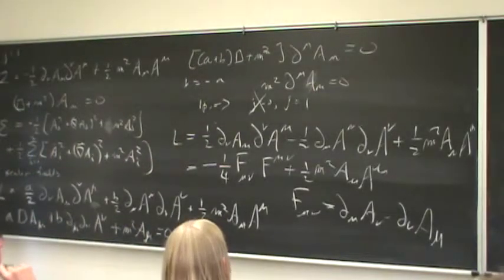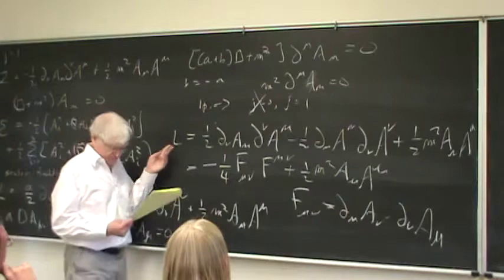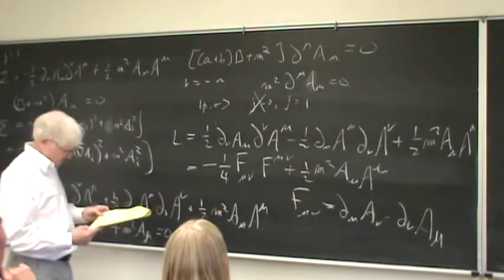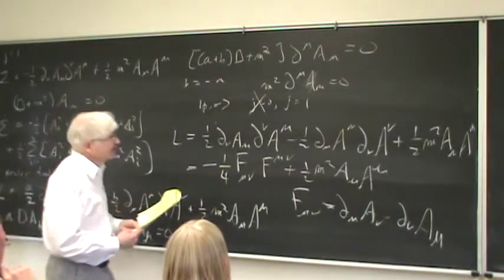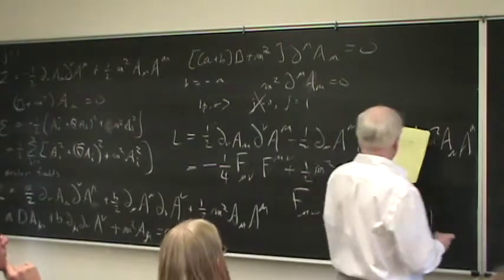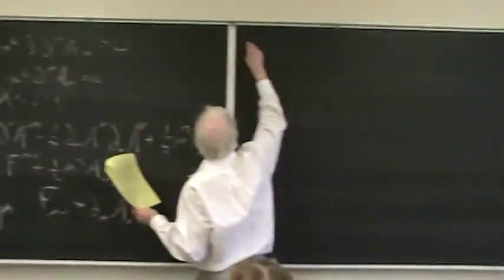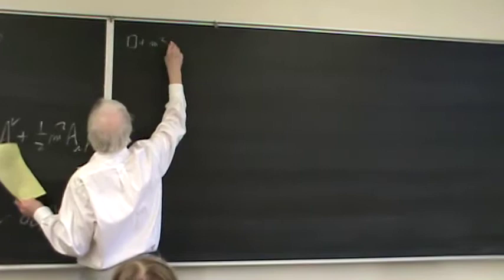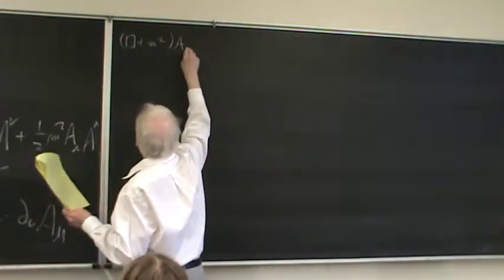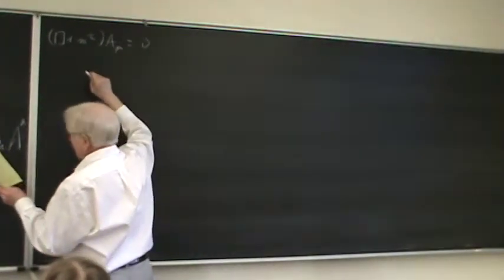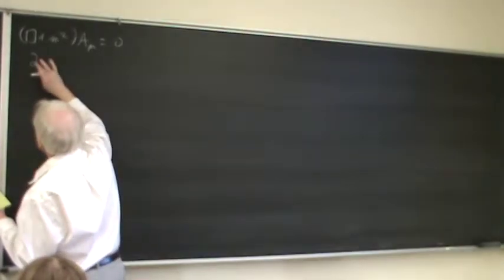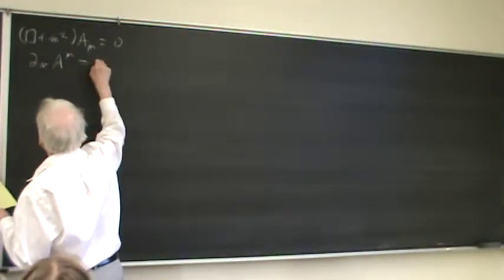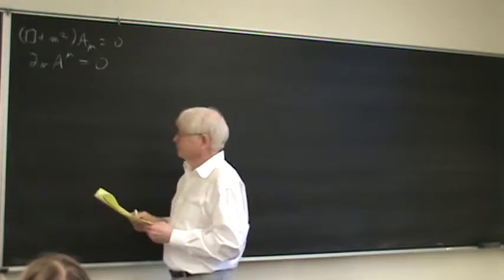Now this action density is called the Proca Lagrangian. And the equations of motion then are box plus m squared on A mu equals 0 and d mu A mu equals 0.